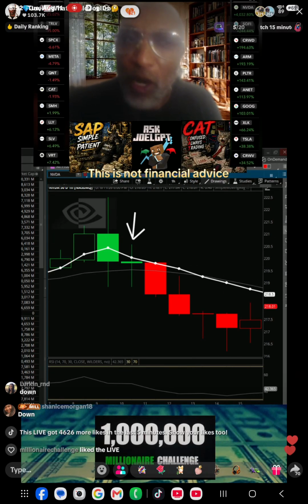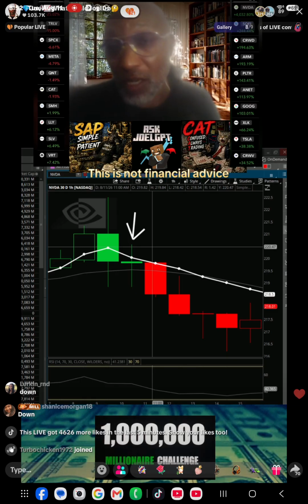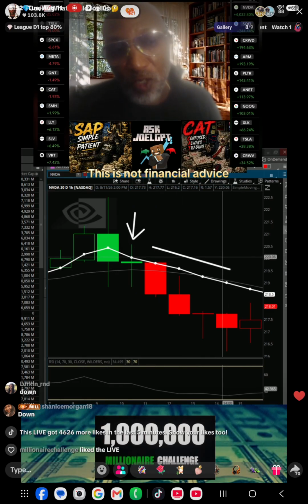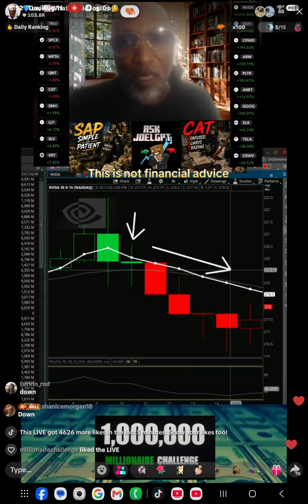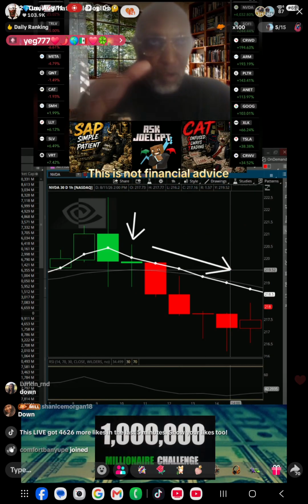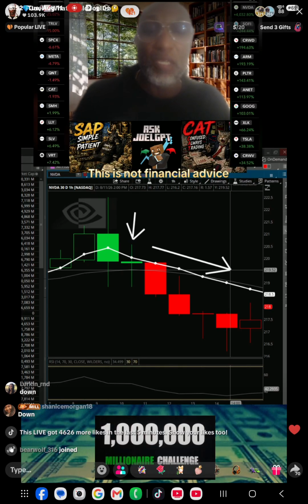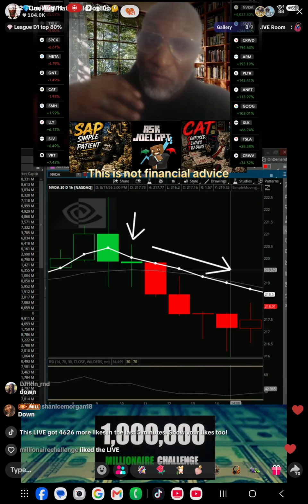You terrible traders, the VWAP does not change. Moving averages change. If you put a simple moving average on your chart, like a 200-day or 50-day or 20-day, it will change depending on what chart you pull up. The VWAP is the VWAP. It's the same value because it's a volume weighted average price for that time.